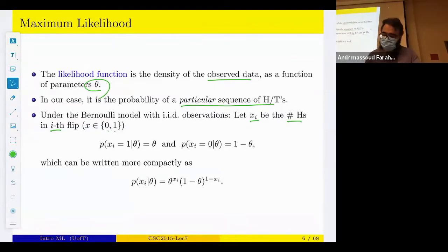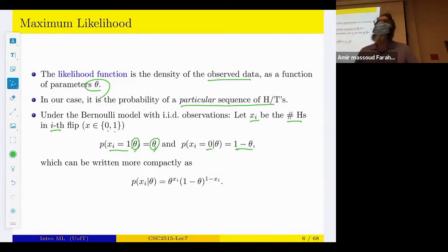So essentially we're saying that the probability of x_i being 1, head for example, conditioned on theta, the parameter of the coin, would be theta. And of course, in the other case, when it is tail, x_i equal to 0, the probability would be 1 minus theta, because the probabilities should sum to 1.